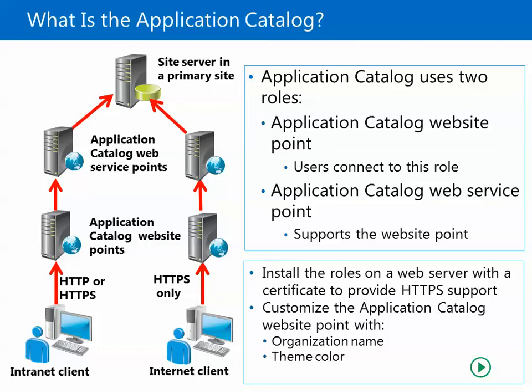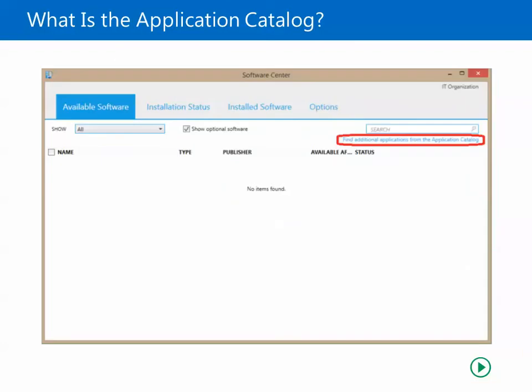If it is through intranet, HTTP or HTTPS. If you don't know the address of the complete website, generally it will be your FQDN, like com2.india.com slash CM application catalog, that name will be the website link.